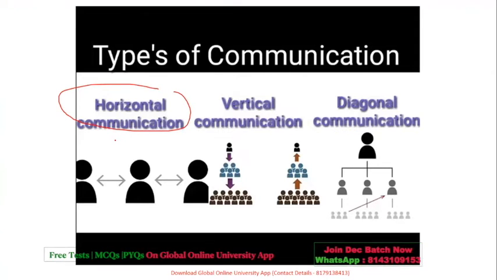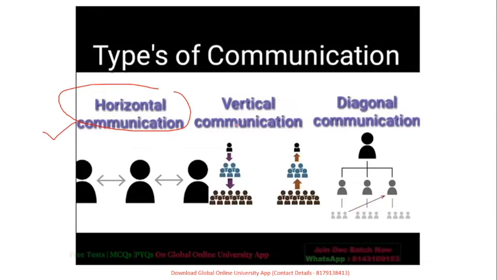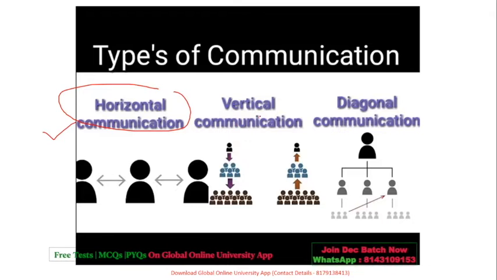For example, in horizontal communication, teachers of one department and teachers of another department are on the same parallel line, so when they communicate, it is called horizontal. If the boss communicates with the team members, or the team members communicate with the boss, that is vertical communication, upwards or downwards.